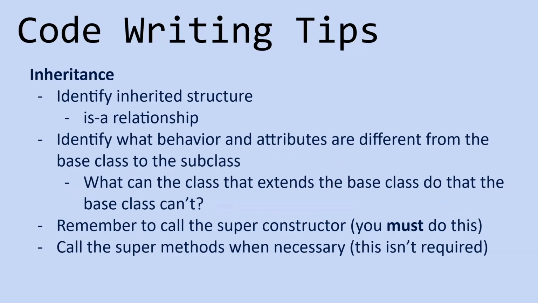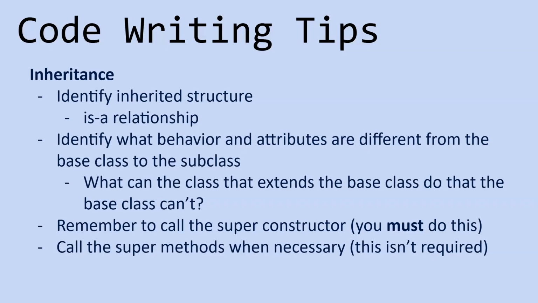Already talked about how that is a relationship, and so your subclass is going to be inheriting data and behaviors, or instance variables and methods, from your superclass. And so when you're making your inheritance relationship, identify what behavior and attributes are different between the superclass and the subclass.